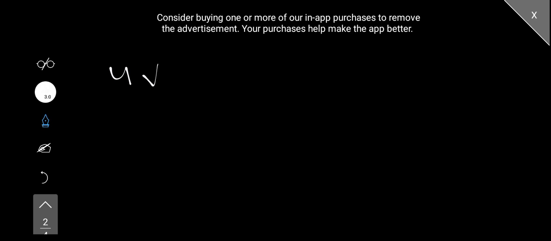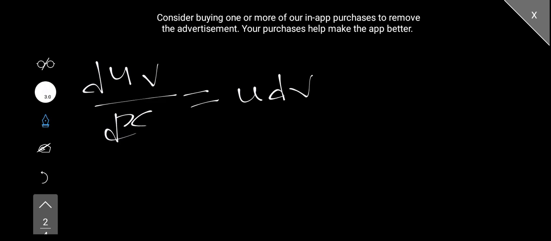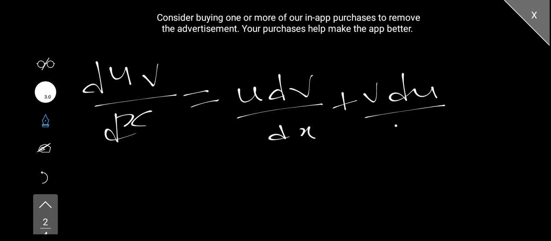When you are differentiating these, we have what we call the product rule, the formula that we use to differentiate two functions. So you have u dv over dx plus v du dx.